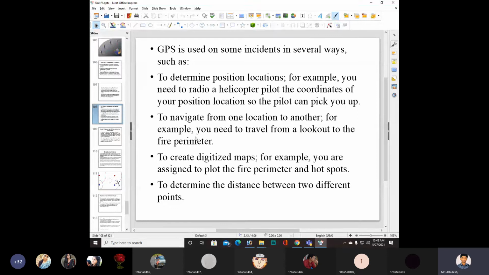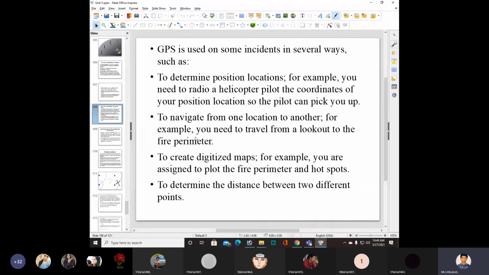To create digitized maps, for example, you are assigned to plot the fire perimeter and hotspots.